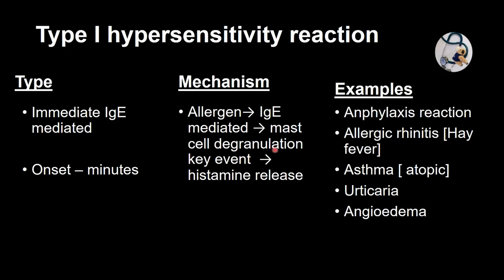That is the main key event, and then there is release of histamine and other mediators. An example of this type of reaction is anaphylaxis, number 1, then allergic rhinitis, that is hay fever, asthma, urticaria, angioedema. So all these fall under type 1 hypersensitivity reaction.